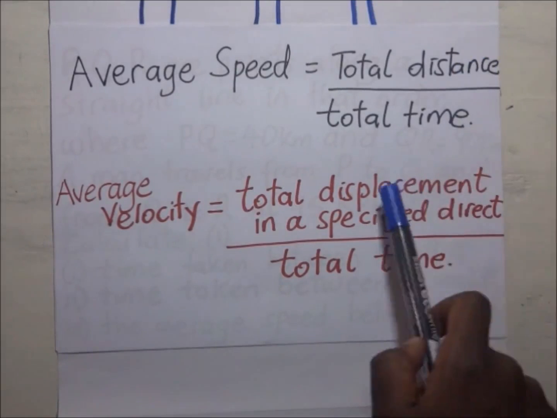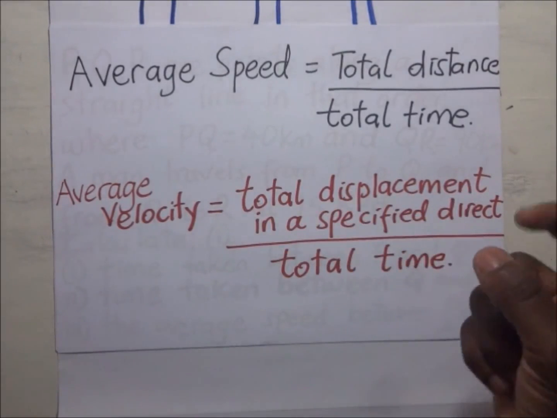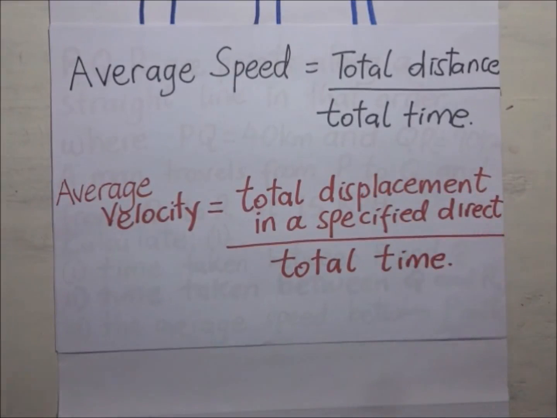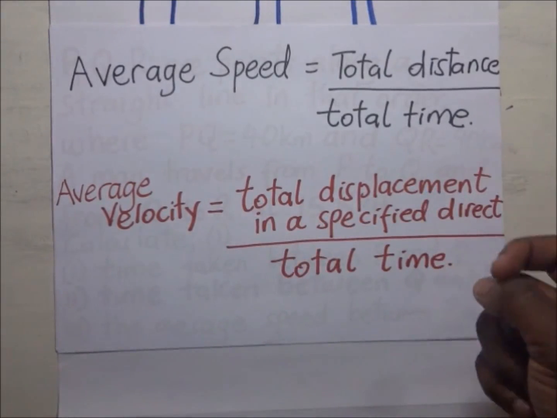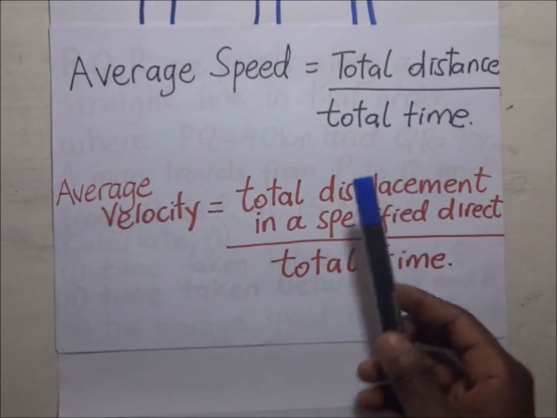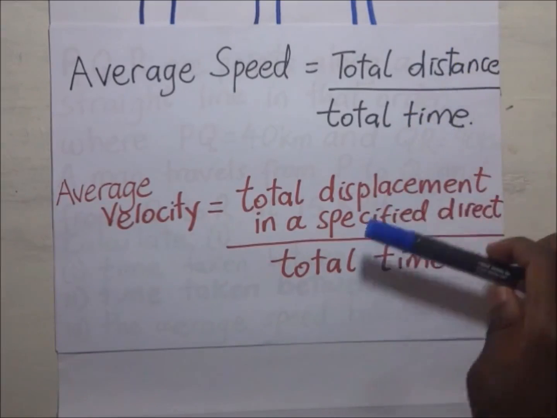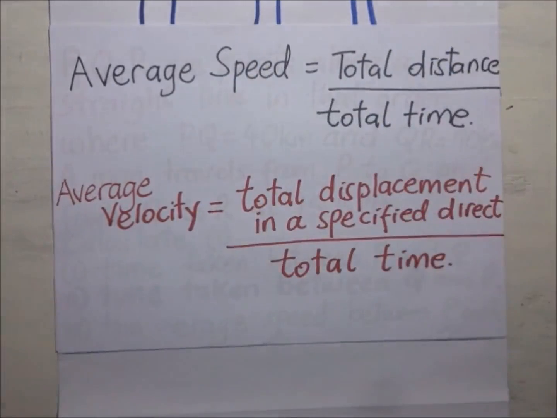For example, 10 kilometers in the north direction becomes displacement because it has both magnitude and direction. Likewise, 100 kilometers south is a displacement. Basically, it's total distance over total time, also total displacement over total time. It's more of the same. It's just the theory that makes these two stand out as different.